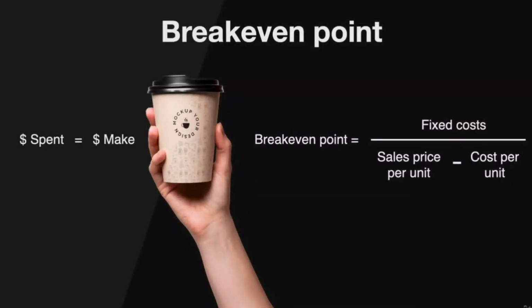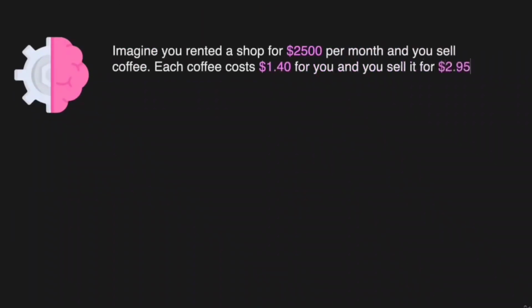Okay, so here is our practice. Imagine you rented a shop for $2,500 per month and you sell coffee. Each coffee costs $1.40 for you and you sell it for $2.95. Okay, and this is your objective in this challenge. Calculate the break-even point for every month.